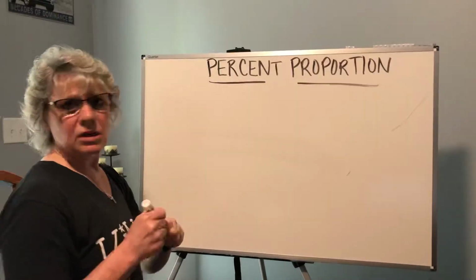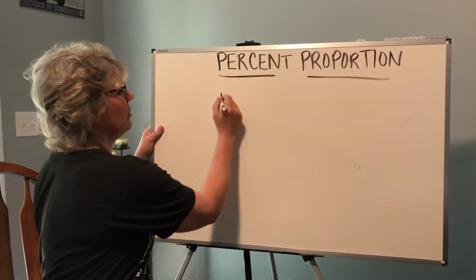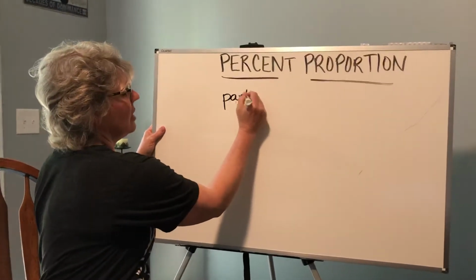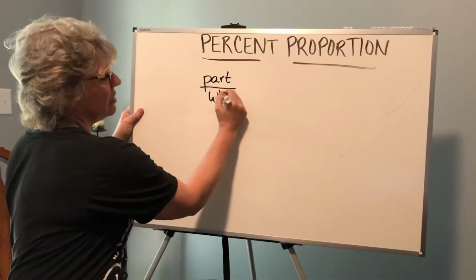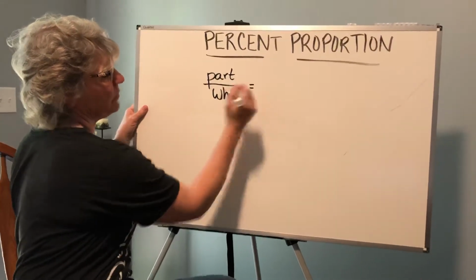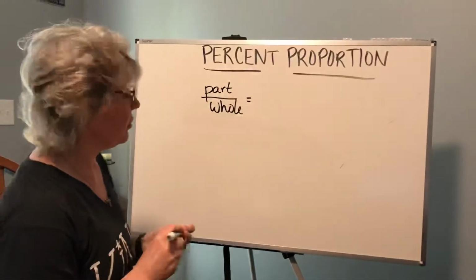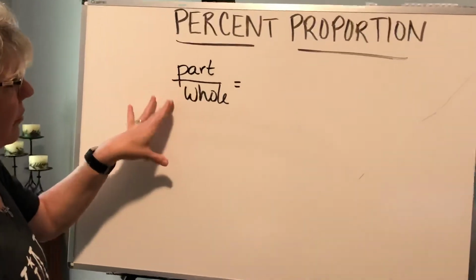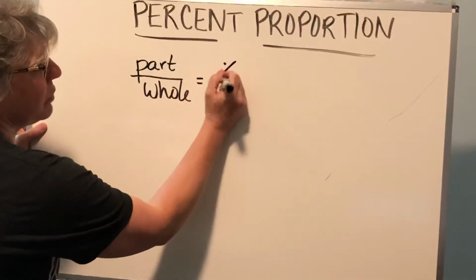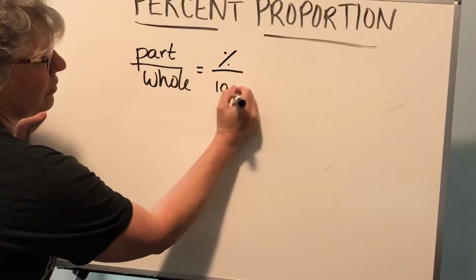So what I showed you in class, if you remember way back, before we went through all this, I explained that you can set it up as a proportion, which involves that equal sign right there, and we've got the part over the whole is going to equal my percent over 100.